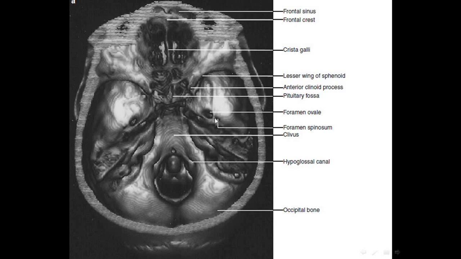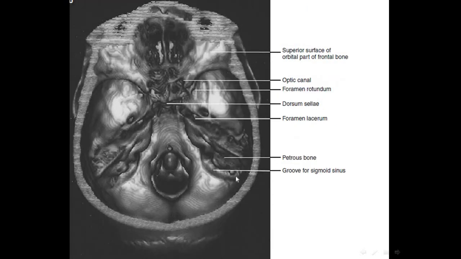This is foramen ovale, foramen spinosum, the clivus, which is this sloping bony structure that forms the anterior surface of the brainstem, hypoglossal canal, and the occipital bone. Here we can see the groove of sigmoid sinus, the petrous, the foramen lacerum, the optic canal, foramen rotundum, and this is the foramen ovale and the foramen spinosum, and this is the superior surface of orbital part of the frontal bone. Sorry.